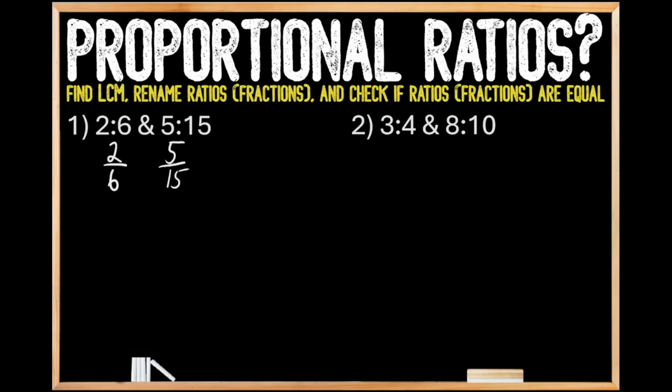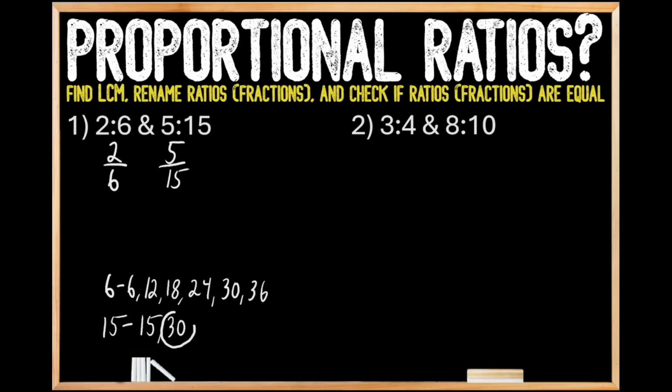For some of the multiples of 6, we have 6, 12, 18, 24, 30, and 36. Now we're going to list some of the multiples of 15. So we have 15, 30, and hold up, we don't have to go any further here because we've already found a common multiple. 30 is a common multiple for both 6 and 15, and it also happens to be our least common multiple.